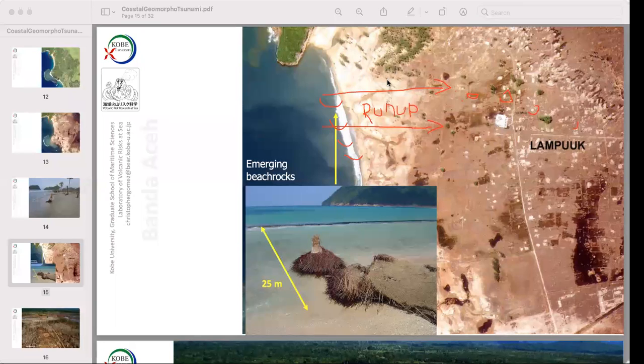And when it comes back, so the water goes back to the sea, this is called the backwash.